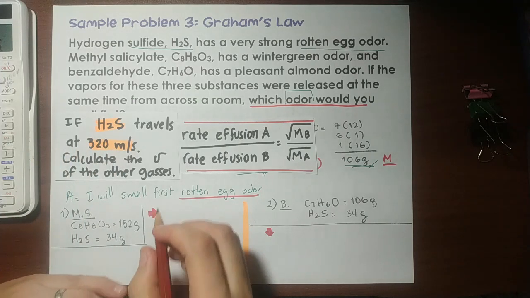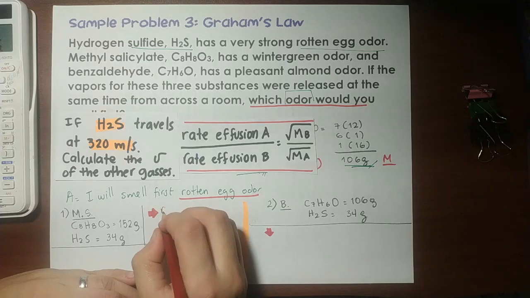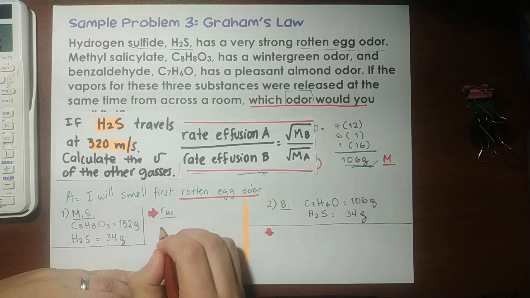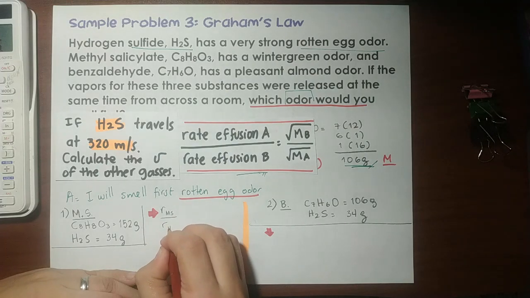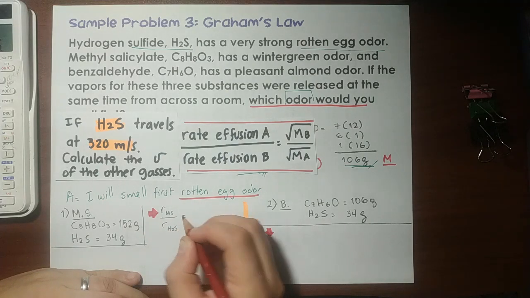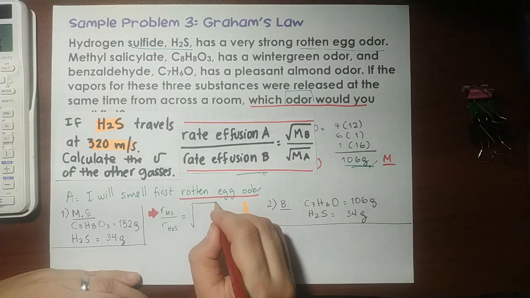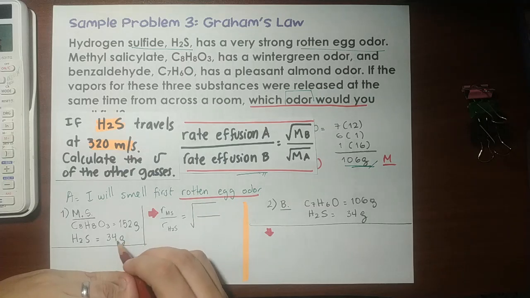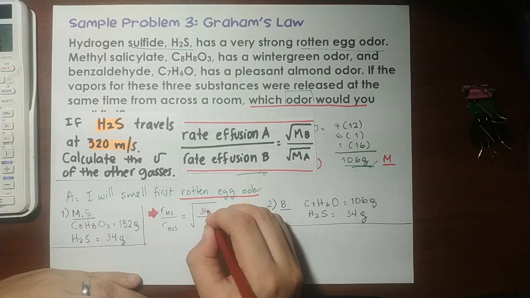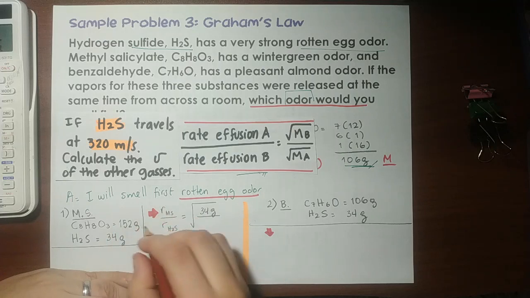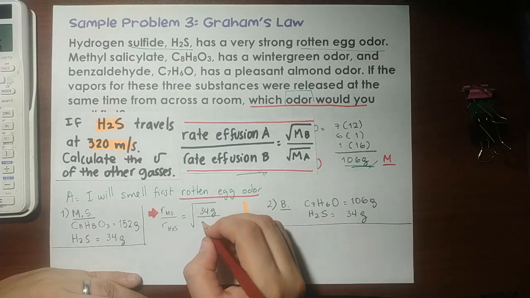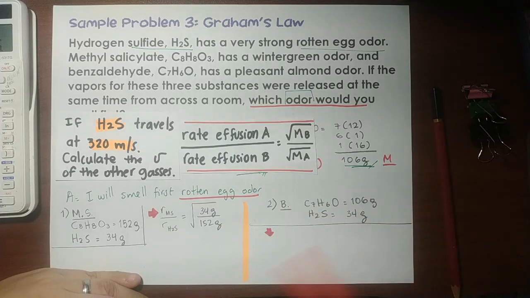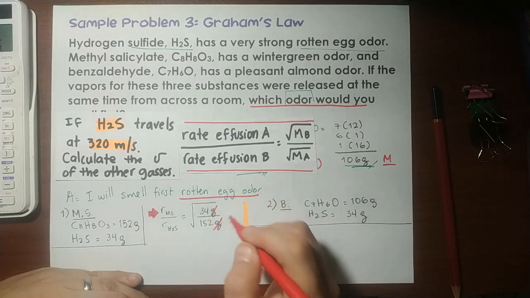So I say my rate of methyl salicylate against the rate of hydrogen sulfide equals the square root of the masses switched. So I know my mass of hydrogen sulfide is 34 grams and methyl salicylate is 152 grams. I know that I can cancel my grams. I can and I must.